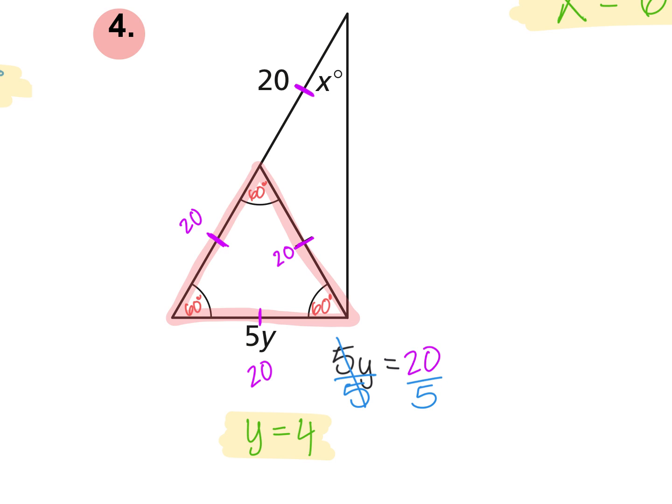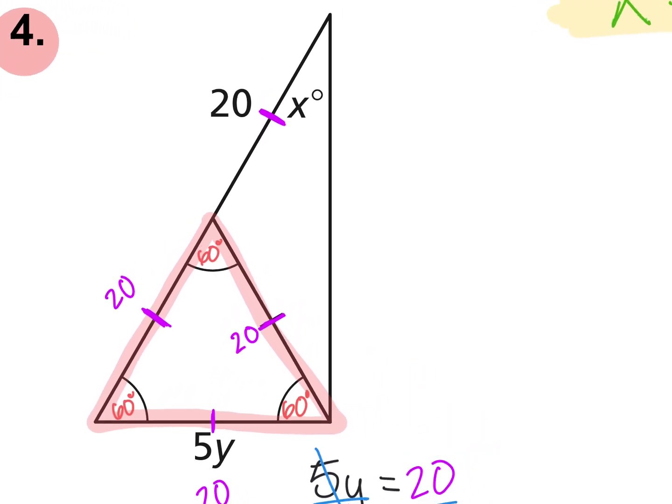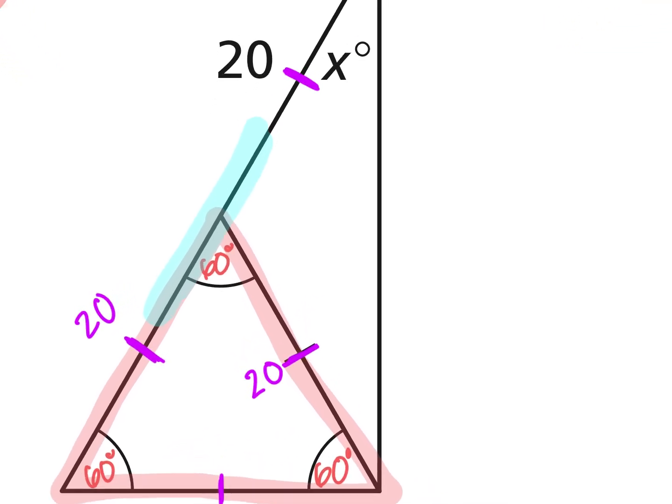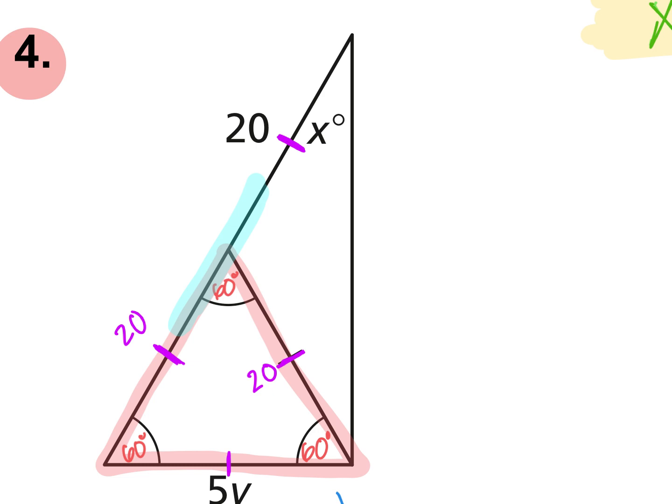Now I have to find my missing angle. So looking back at this triangle, this side right here is a straight line. So if they're giving me 60 degrees, how much is a straight line? 180. Good.